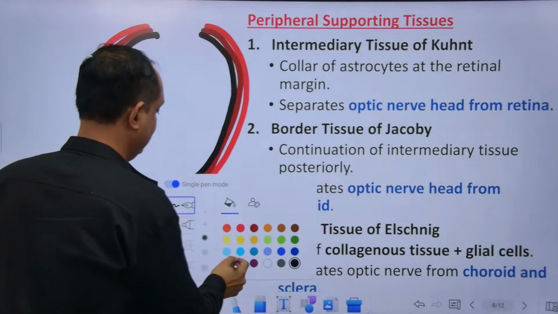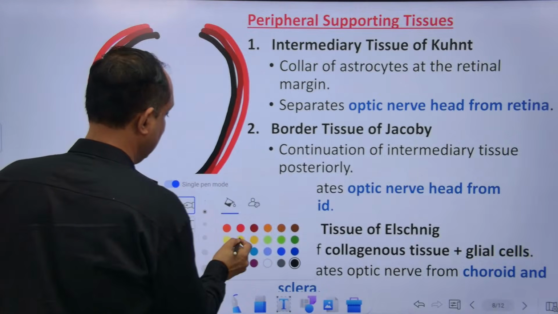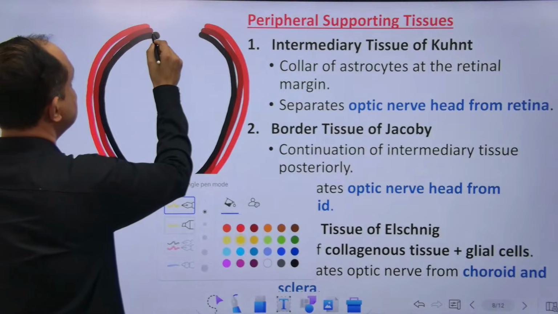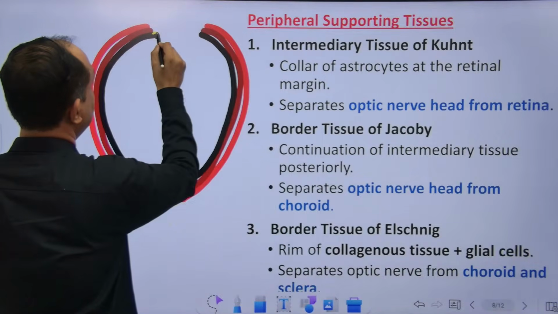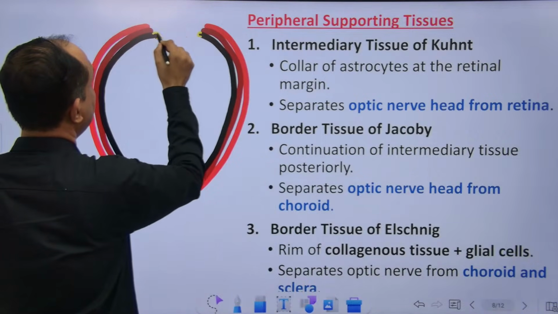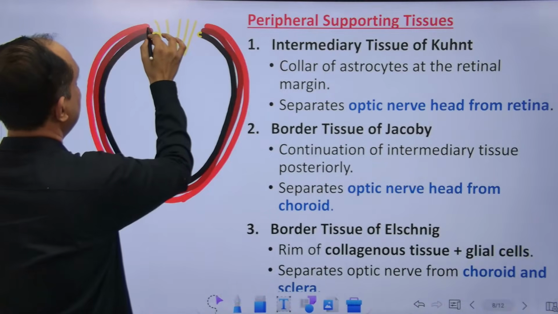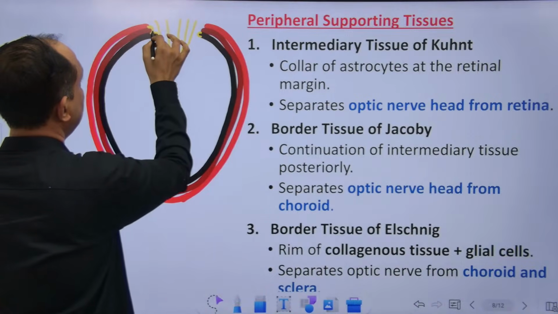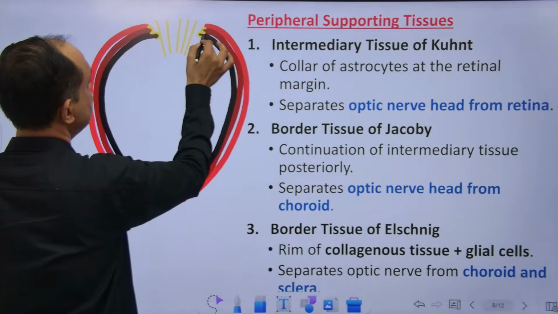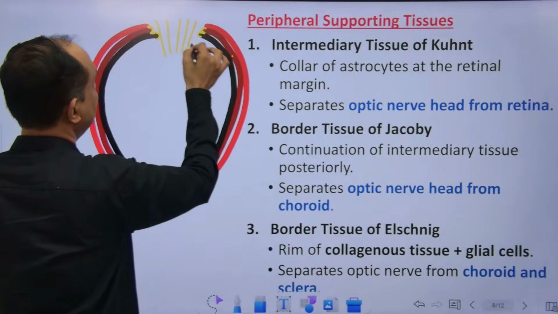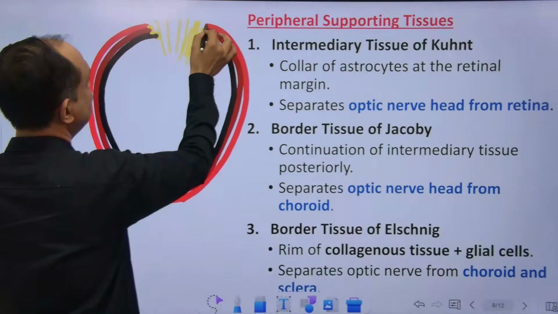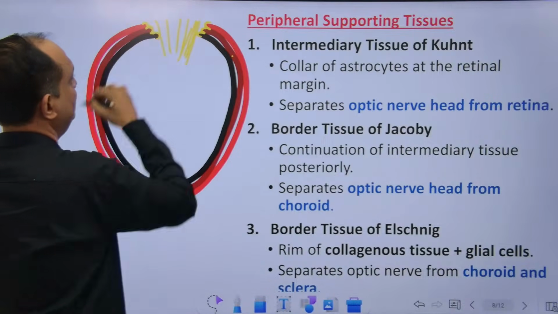Dear students, you have to understand that the free margins of the retina are separated from the fibers present here. Then you have again a modification separating the second layer from this area, and in the same way one more layer.